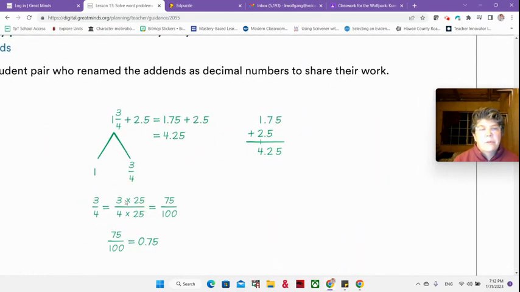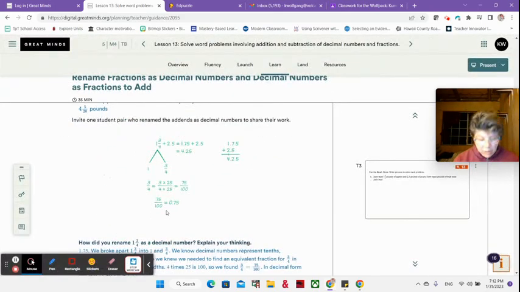Here's our 3/4 becoming 75/100. Multiply them both by 25/25, and that's how you get the hundredths. How do you know to do that? Well, 4 times 25 is 100. Okay, so you're thinking about how you can change this to hundredths.